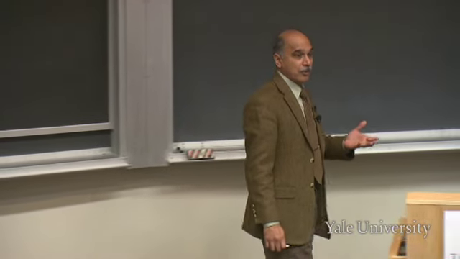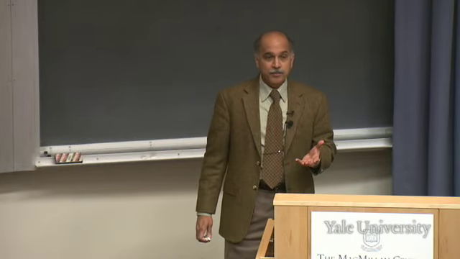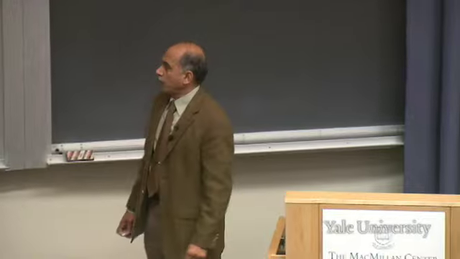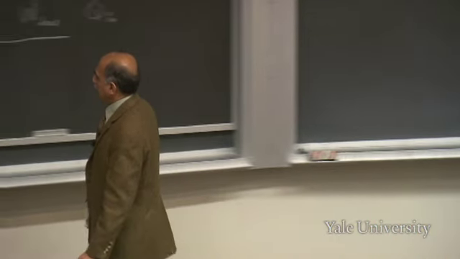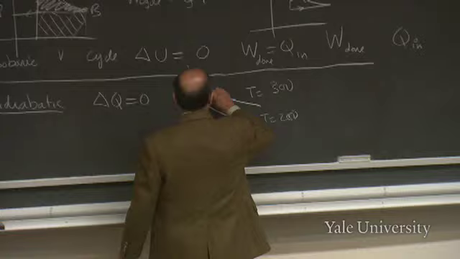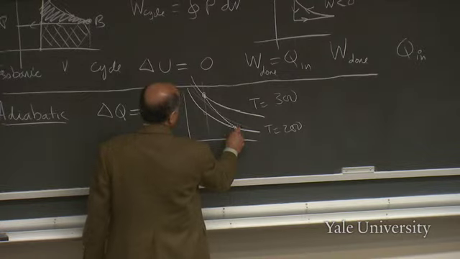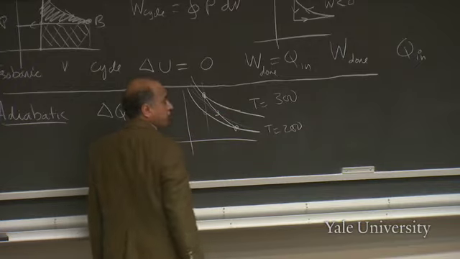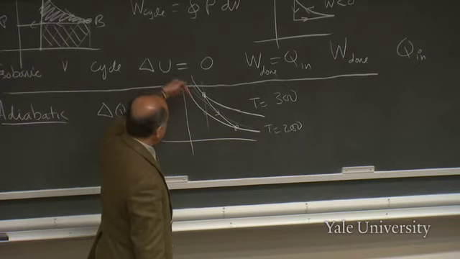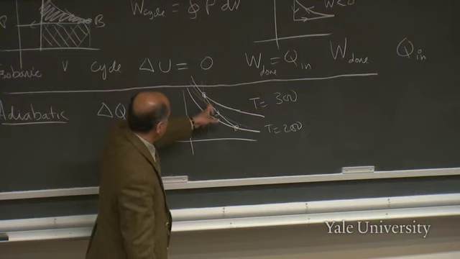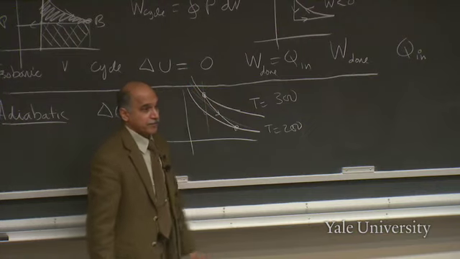Internal energy will go down, and that means temperature will go down. So you'll be cascading down from one isotherm to another, plummeting down in temperature till you stop somewhere at a lower temperature. So an adiabatic process will cross from one isotherm to the next, changing temperature.